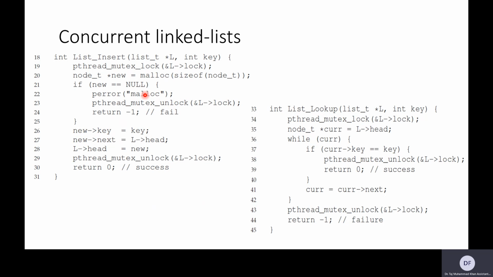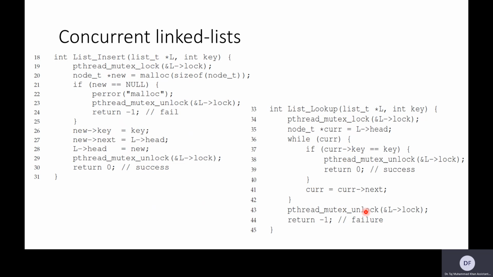It can insert, delete, whatever it wants to do with that linked list. And after it has done its operation on that list, it will release this lock. The same thing is happening in the insert function as well as the lookup function. We acquire the lock, then we do our lookup, and then we release the lock.